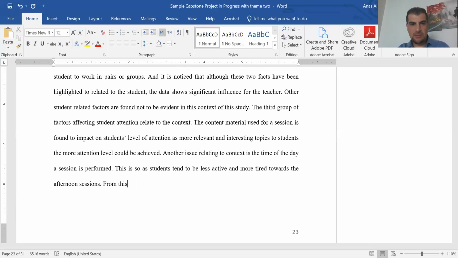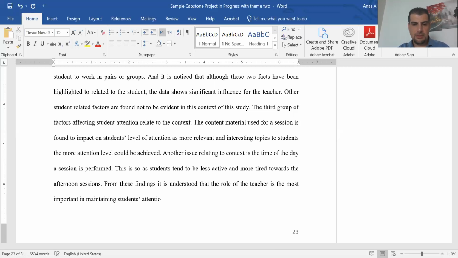From these findings, it is understood that the role of the teacher is the most important in relation to maintaining students' attention in the class.